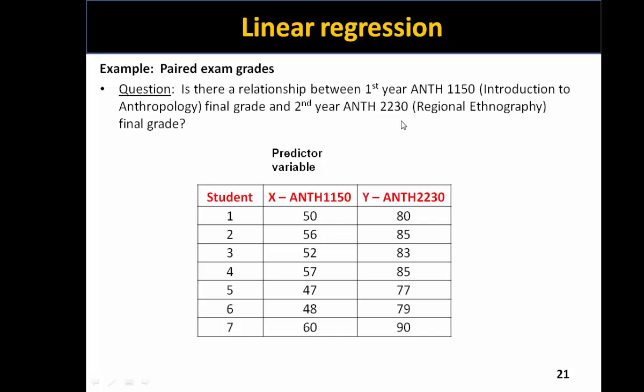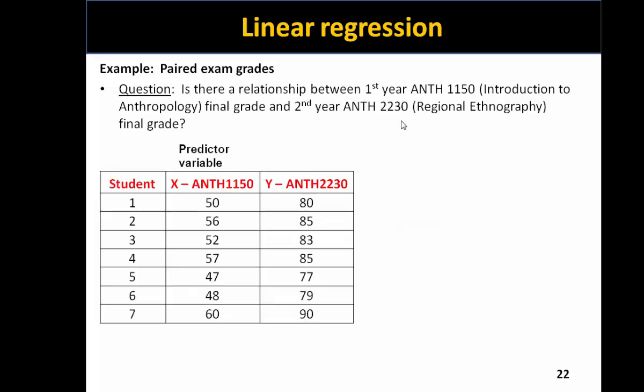Moving back to our example of our two sets of course final grades of 7 students. Once again, just to establish that we have our predictor variable of our raw X scores and our criterion variable, which is our outcome variable that we're trying to predict given the X, given the grades in that first year anthropology course.